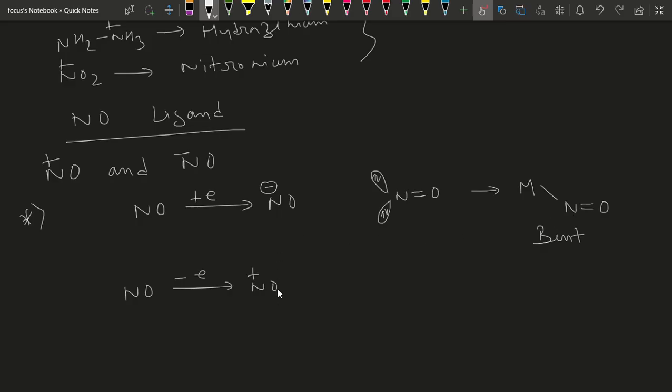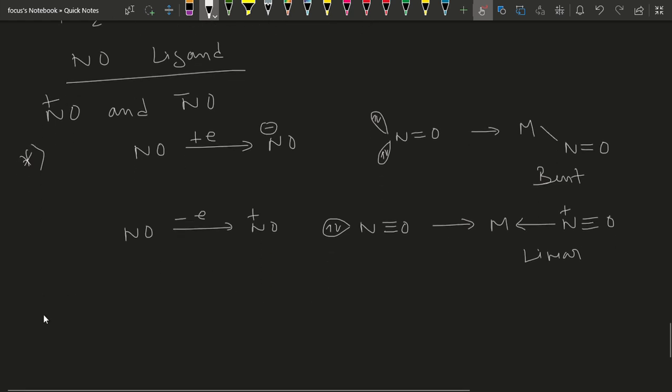And in case of NO+, the structure is, and when it binds with metal, it forms a linear pattern. That is, it is linear when the NO is +. It is a very important point to note down.